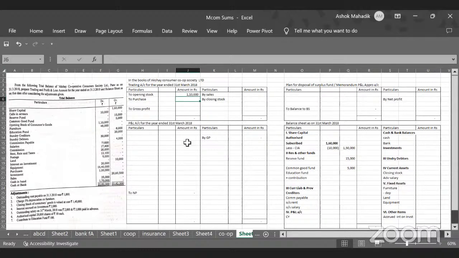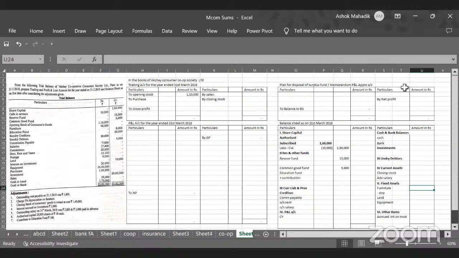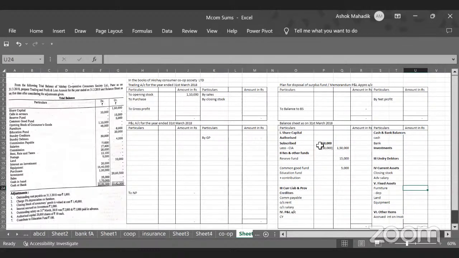Then furniture, an asset. 5% depreciation you have to charge, so I'll write it in the inner column. I already had this.